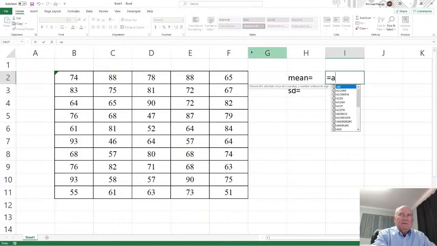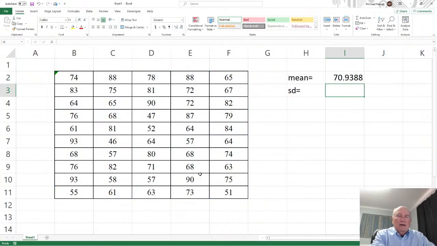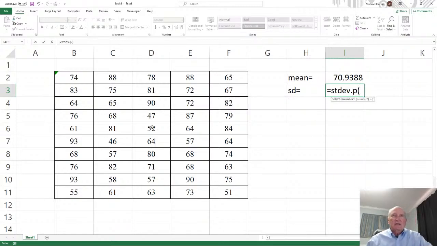The mean is just the average of all these numbers. Now I'll do the standard deviation. Notice I have a P, or population or sample. This is the population standard deviation of all these numbers.